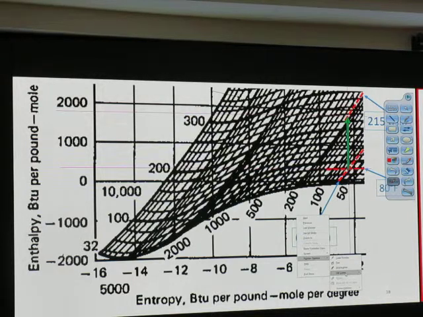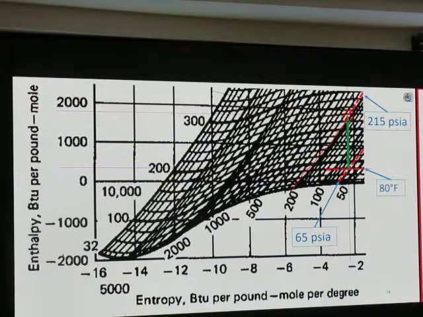Once we stop at 215, what do we read? 215 is about that line. When we stop at 215, we read two things. We read temperature. This is a constant temperature line.